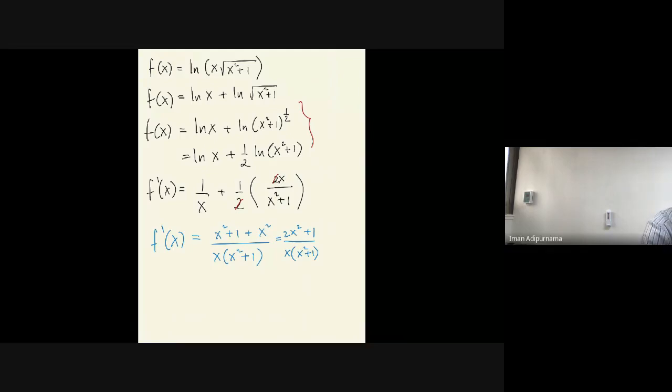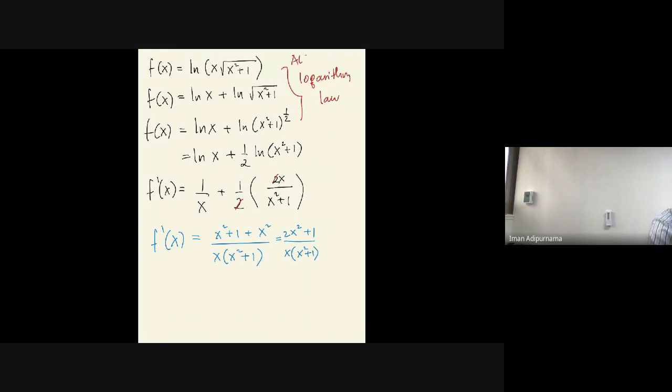But here, with just using the logarithm, with the log law, you can also rewrite the form and make it easier. So to solve the problem in calculus, you can have your algebra.